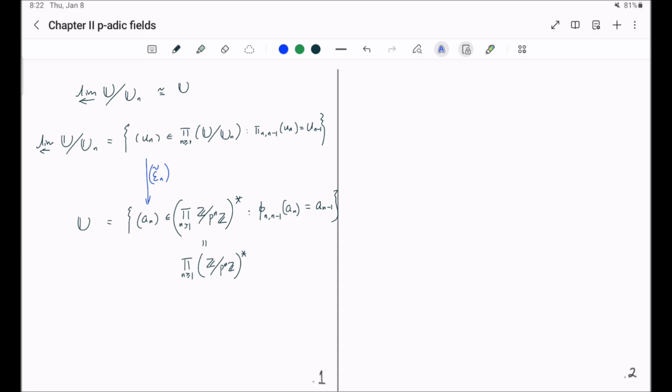This is because the multiplication here is defined componentwise. So the product of Z mod p^n Z, star, is the same as the product of Z mod p^n Z star. For each component, U mod U_n is mapped isomorphically by epsilon sub n tilde to Z mod p^n Z star. So this guy is sent isomorphically to this.